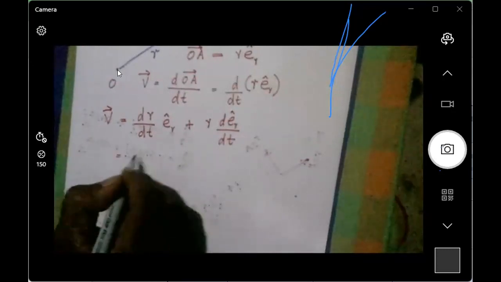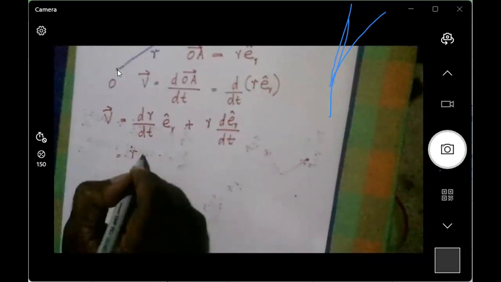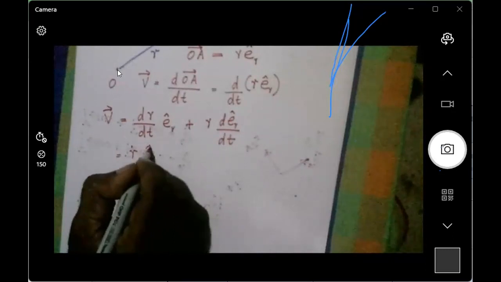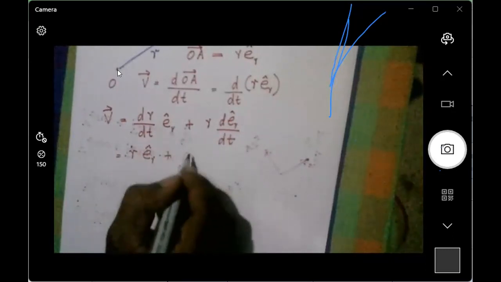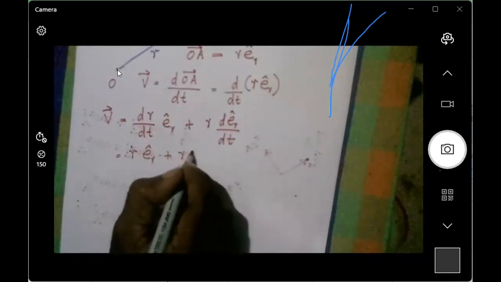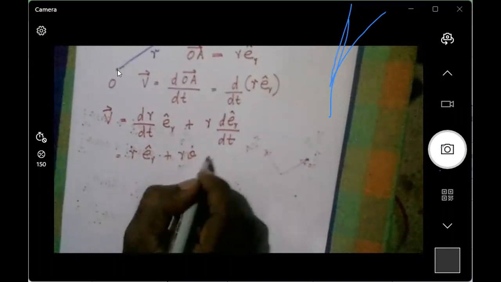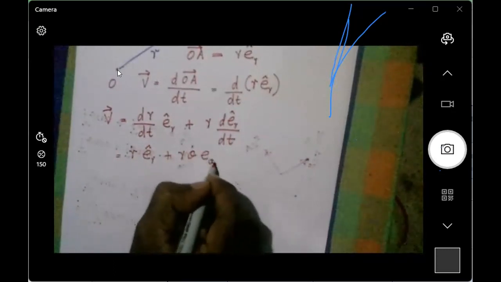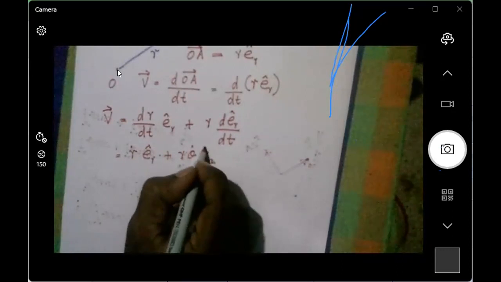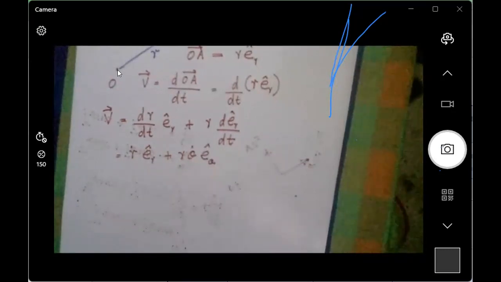So you will get r dot e r plus r theta dot e theta. So this is the velocity.